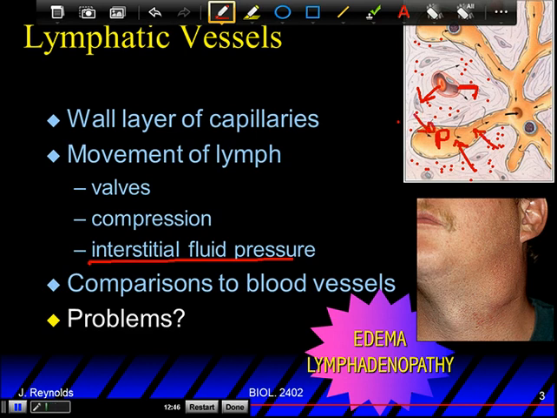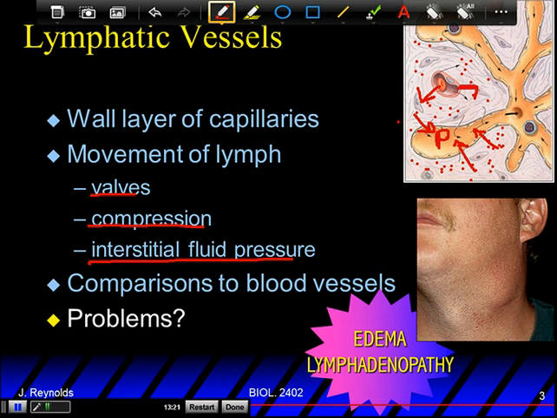All right? Second, we actually talked about these other two things in the circulatory system. Compression. Now there's no muscle around these lymphatic vessels, capillaries, like there are around arterioles and arteries. But think about what's around this capillary setup. There's skeletal muscle all over the body, and as you're using it and moving it around, it pushes down on the tissue, as well as the lymphatic capillaries, and it helps to push the fluid in.